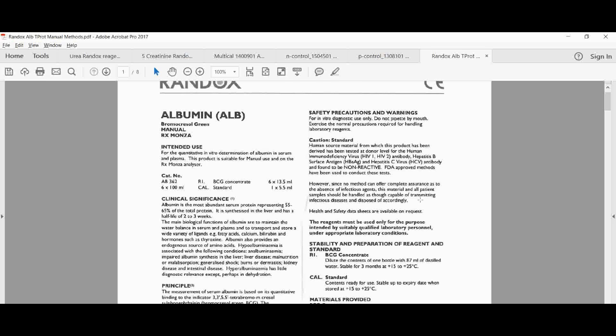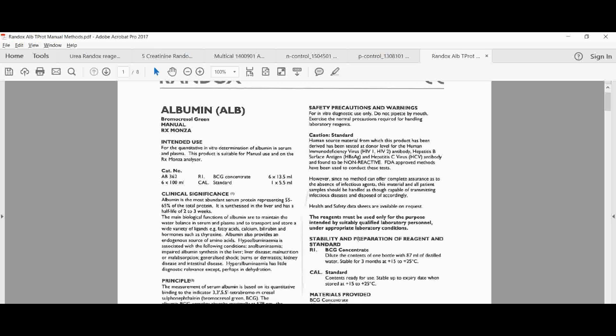Just as with the type of sample that you're working with, you don't know what infectious material is in that sample, so you protect your hands and your body by wearing gloves, and you keep it away from your eyes and your mouth. In the same way with this standard, normal health and safety precautions must be applied. Protect your hands, protect your face, protect your mouth, and protect your eyes.